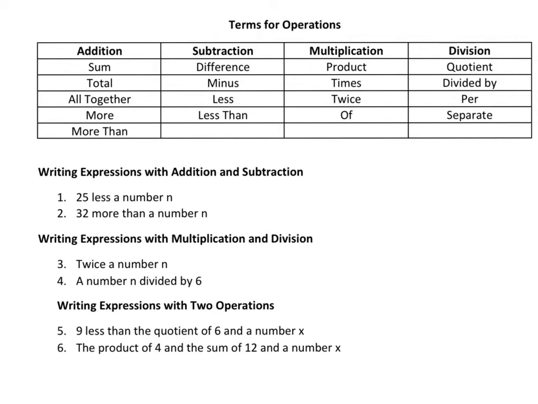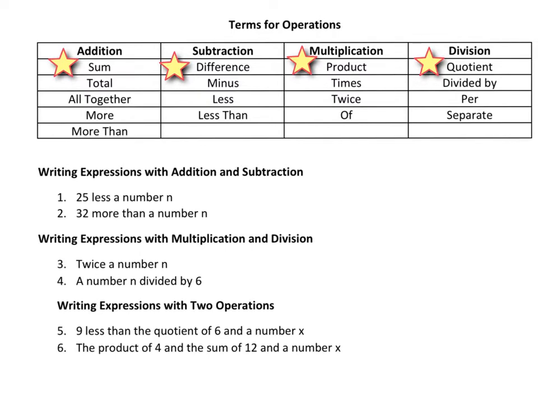Now, these first ones, sum, difference, product, and quotient, are special words because they tell you that that is the answer to an addition problem, or subtraction problem, or multiplication problem, or division problem. So that means you perform the operation and use the answer.